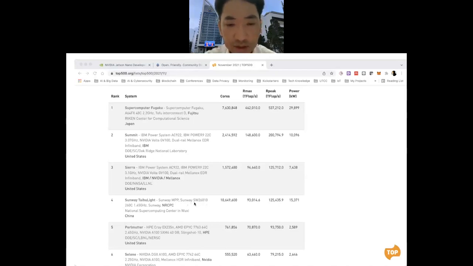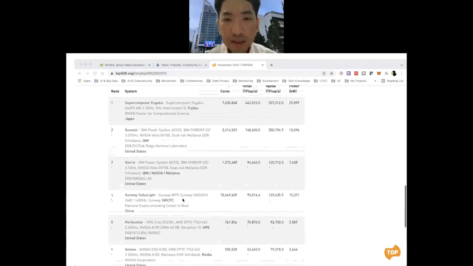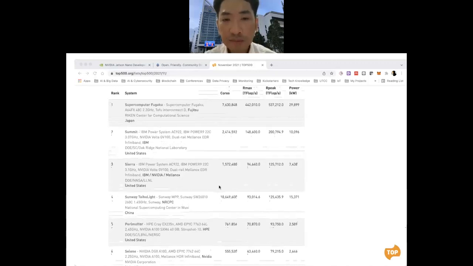So they're using a different processor than what we are using on the desktop. And what else can we summarize from this information?